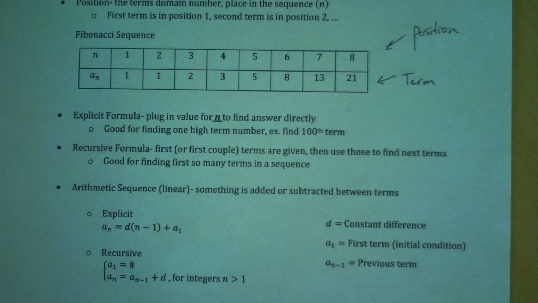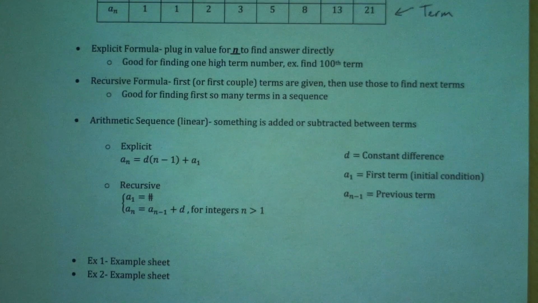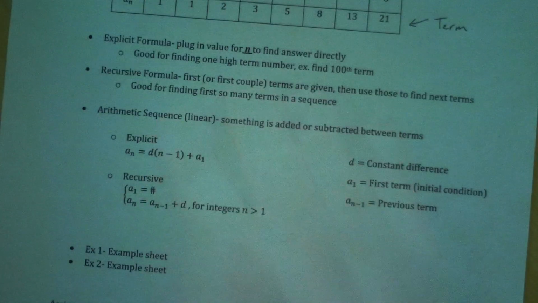So today we're just going to focus on the arithmetic sequence. This stuff here is the most important part of the lesson: the arithmetic, and then the explicit version and the recursive version. Tomorrow we'll do geometric, which is kind of similar concepts.